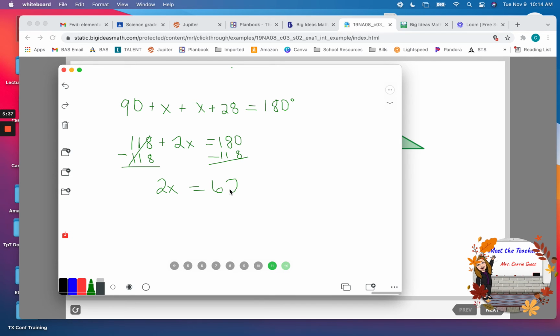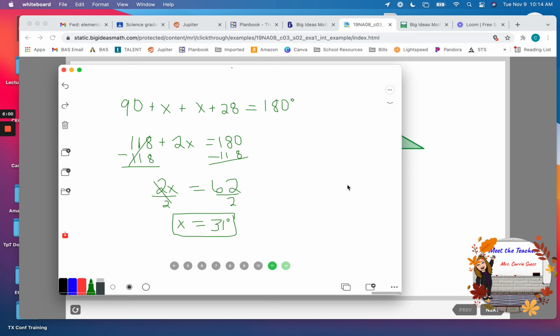What is my last step? Kerwin. You divide. Divide 2 from 62. This is x. It only goes slow because I can only write so fast with this mouse. X equals 31. Very good.